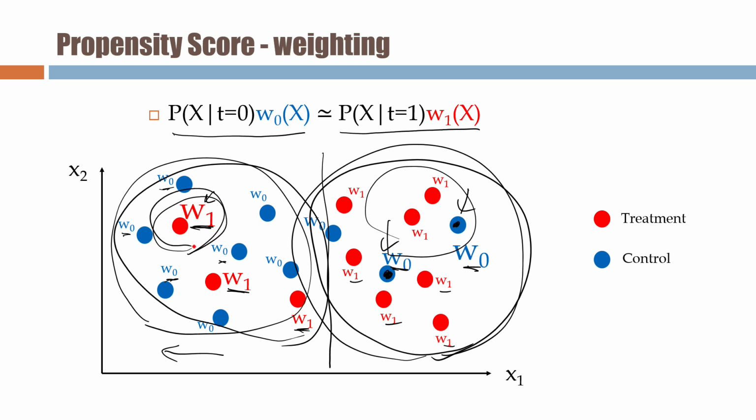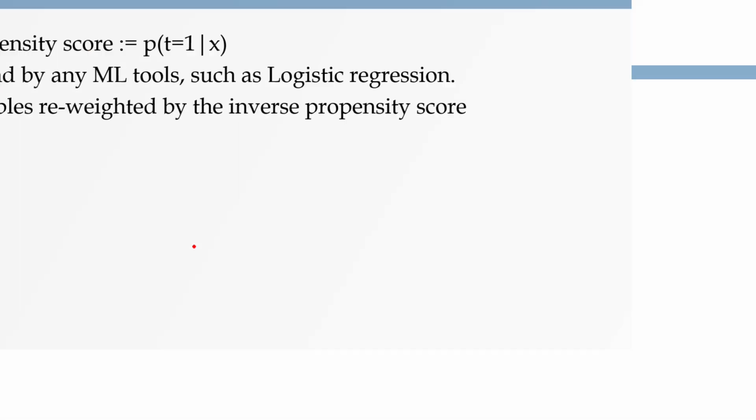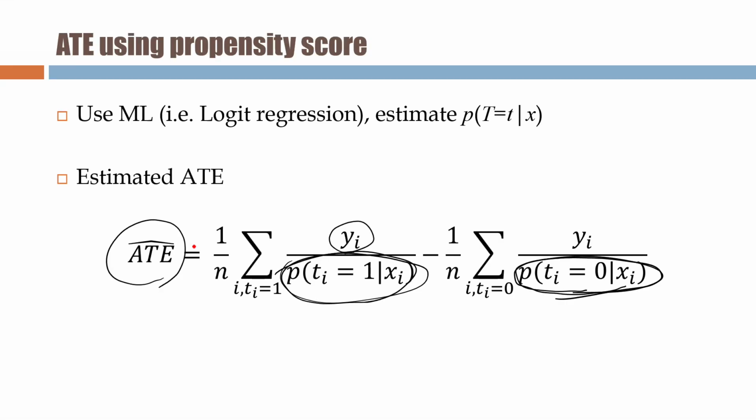How can I get a high probability, low weight, and low probability, high weight? That's what we do with the inverse: we are dividing by the probability as a weight. This is the weight. So when there's a high probability, dividing means you are getting a low weight. When the probability is low, then you are dividing by a small number, and you are getting a high weight, right?